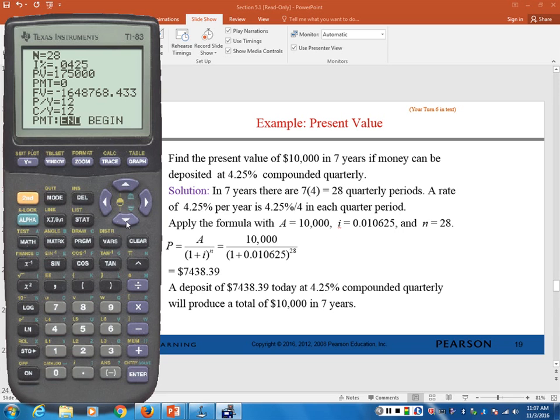We're not interested in making payments. We know the future value, and we enter it as a negative, so the future value is 10,000. And we want to put a 0 in for the present value because we're going to be able to solve for that.